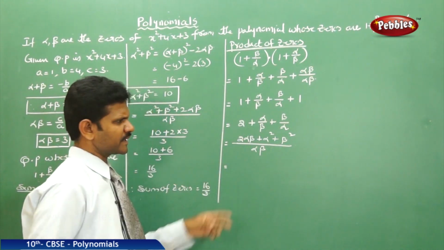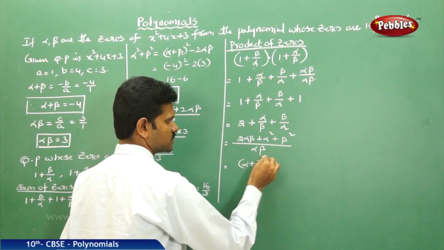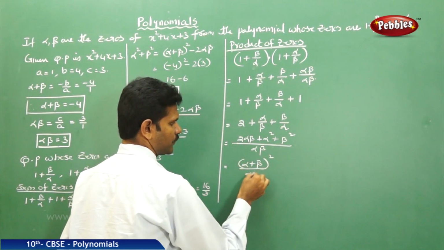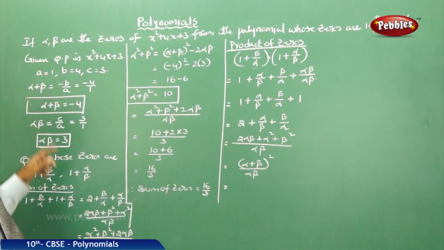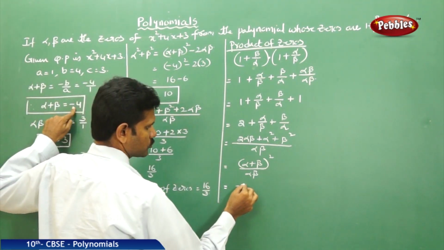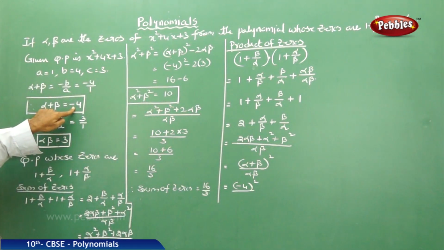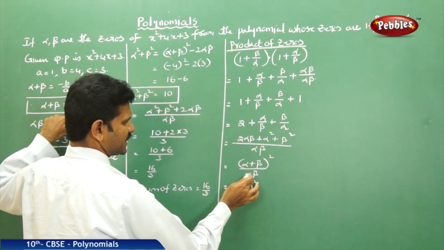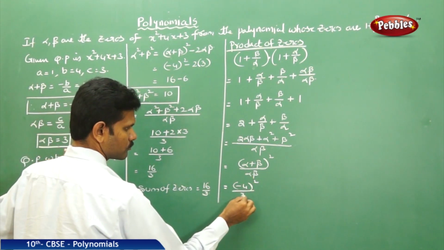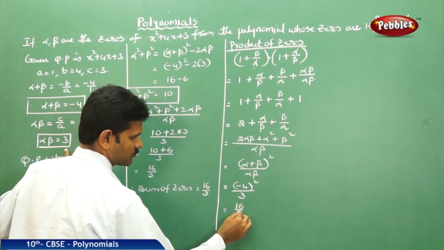Now your numerator is clearly of the form alpha plus beta whole square by alpha beta, that is equal to alpha plus beta value minus 4 whole square by alpha beta value 3, that is equal to 16 by 3.